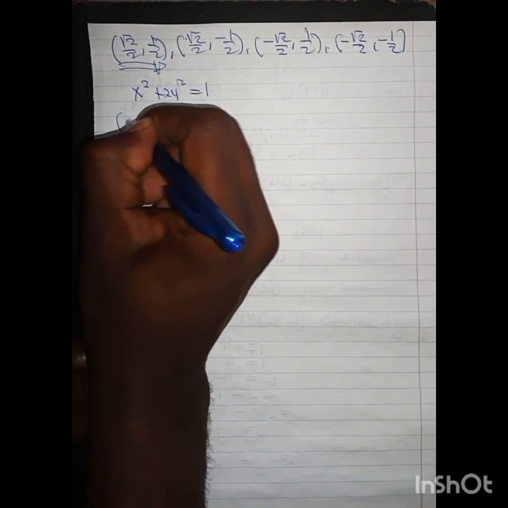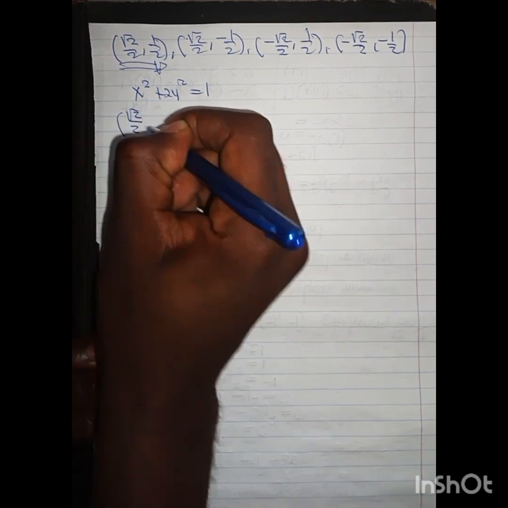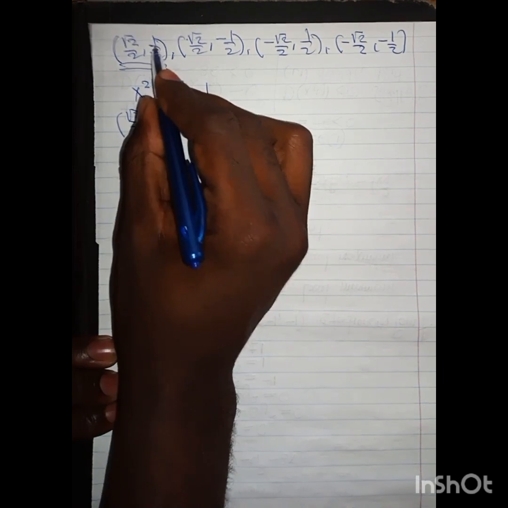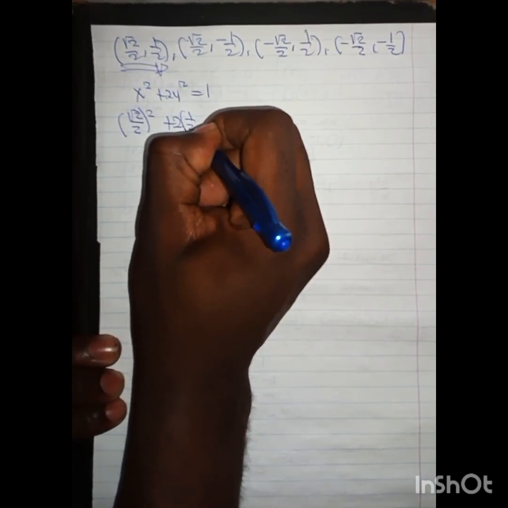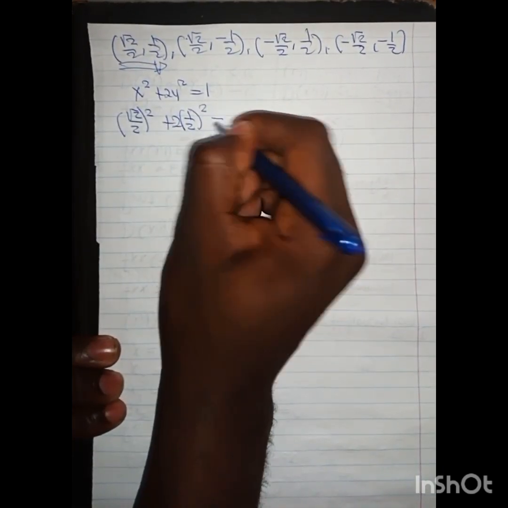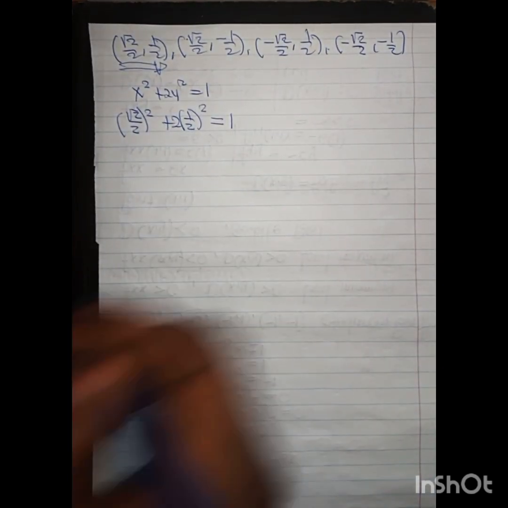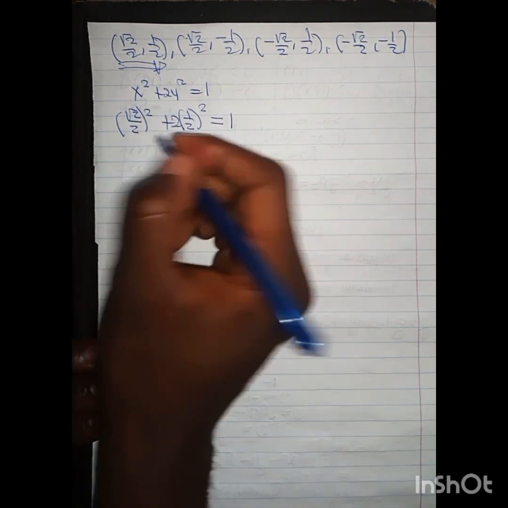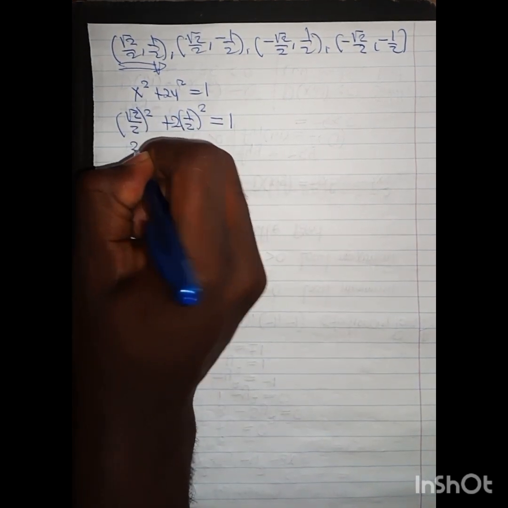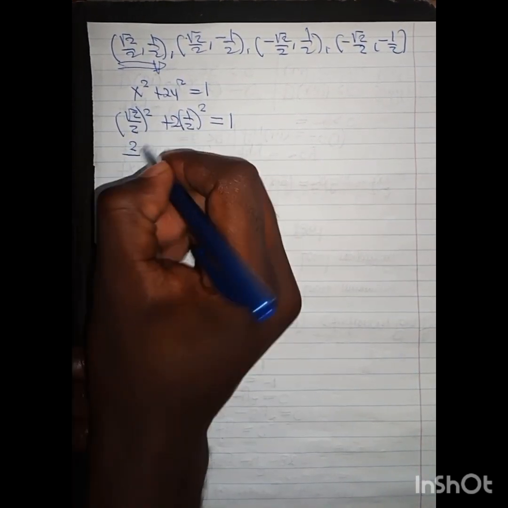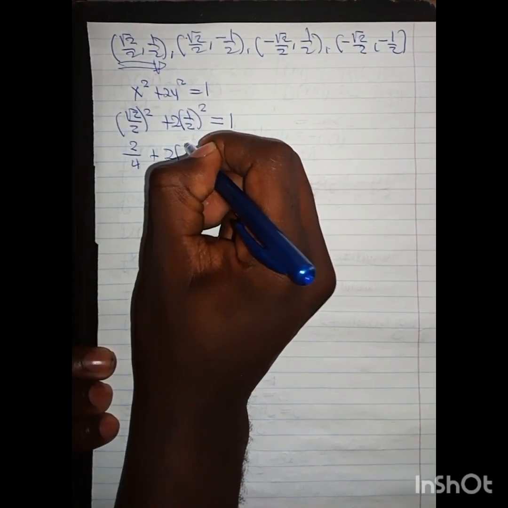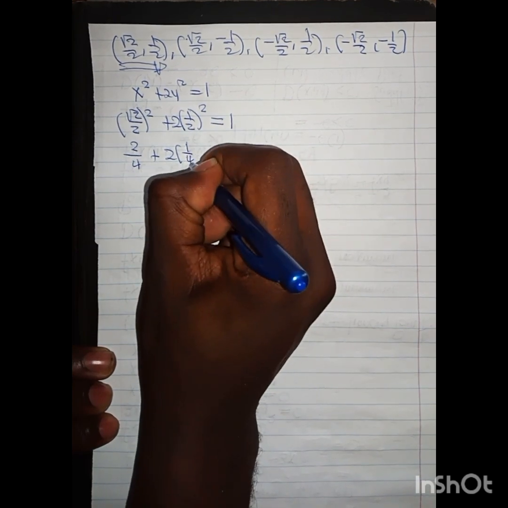Then if x is root 2 over 2, squared, plus 2 times y, which is 1 over 2, squared, we must get a 1. Let's check the left hand side. Root 2 squared is nothing but 2, over 2 squared, which is 4, plus 2 multiplied by 1 squared, which is 1, over 2 squared, which is 4.